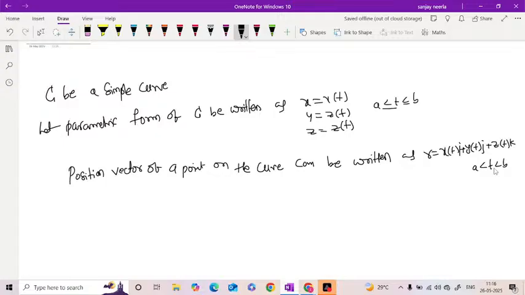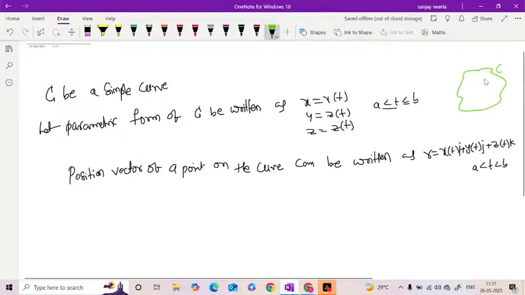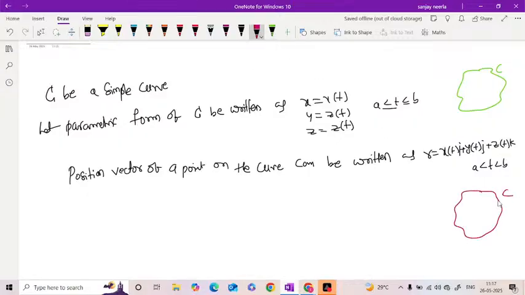So this is the position vector. This is the curve C in 3D, where x, y and z are functions of t.